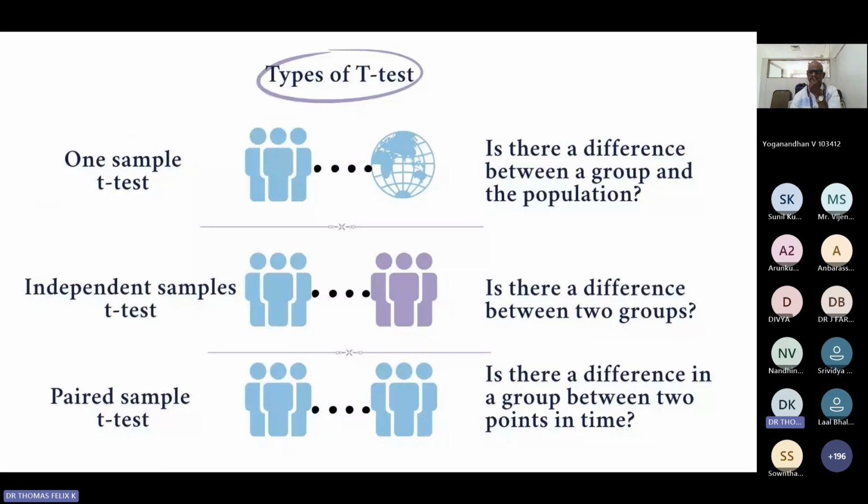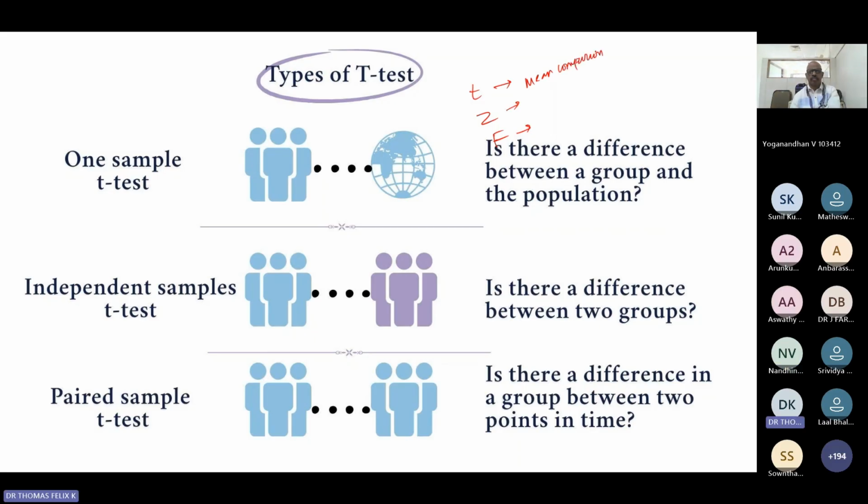Then we are moving to the types of t-test. In general, I'll just mention here: t-test, z-test and f-test. The t-test and z-test are used for mean comparison.